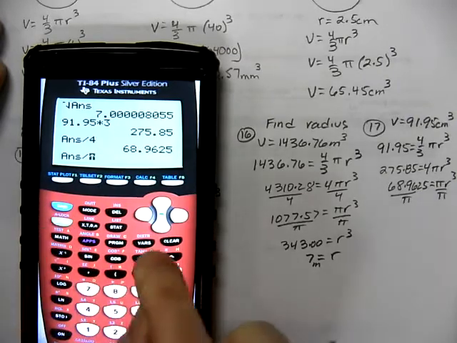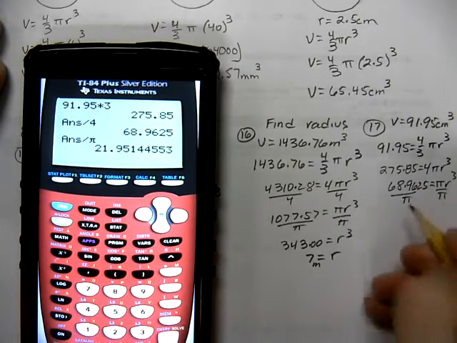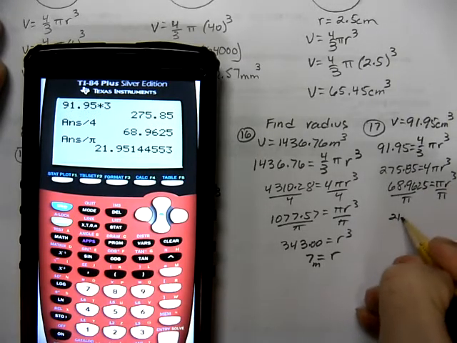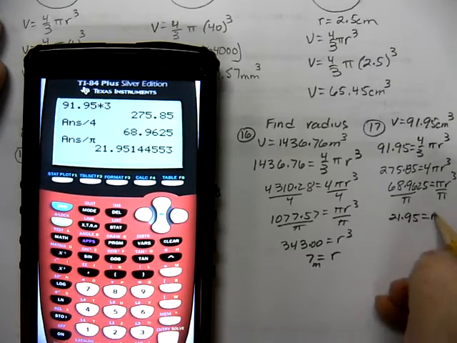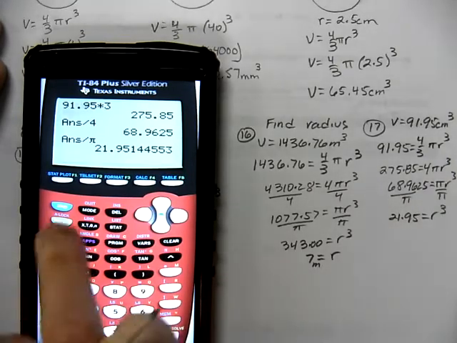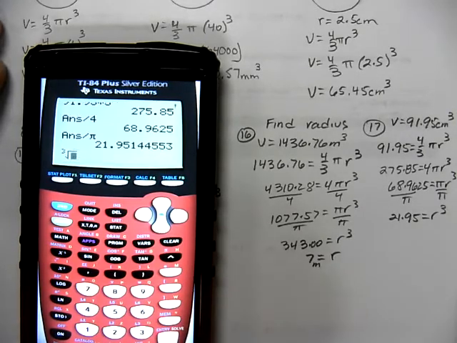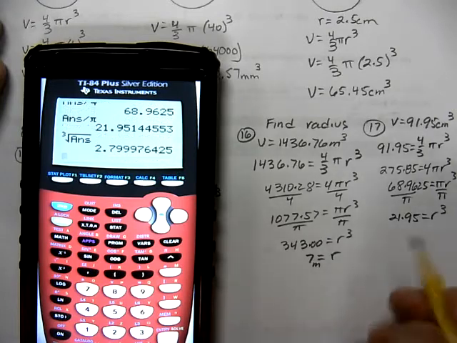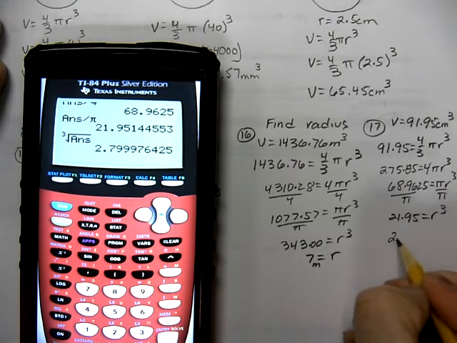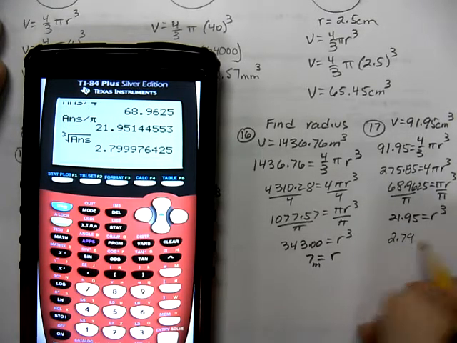Divide it by the pi. And then we need to take the cubed root of our answer. And these would be centimeters.